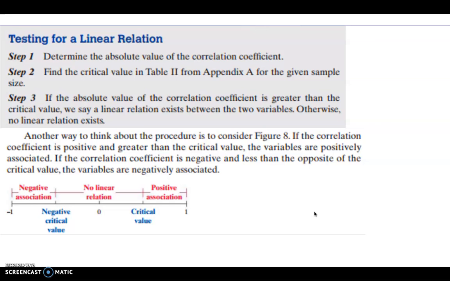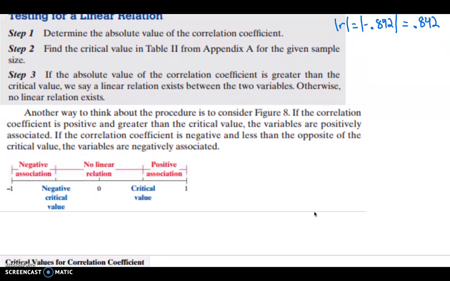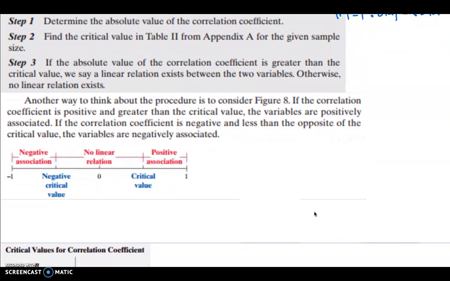In our case, that is the absolute value of negative 0.842, which is 0.842. Absolute value just means a distance from 0. Then we find a critical value in Table 2 in this textbook, but this will pop up in your class for you.